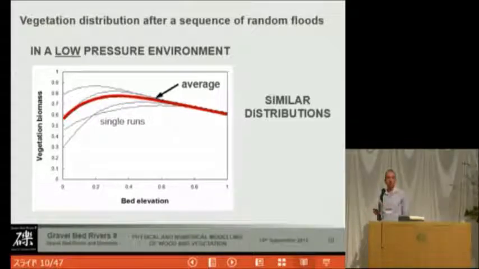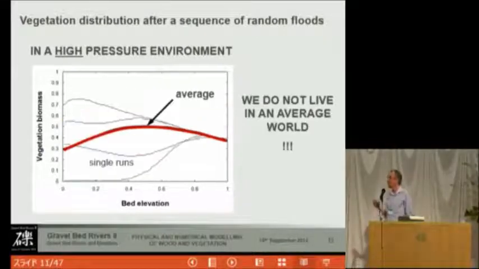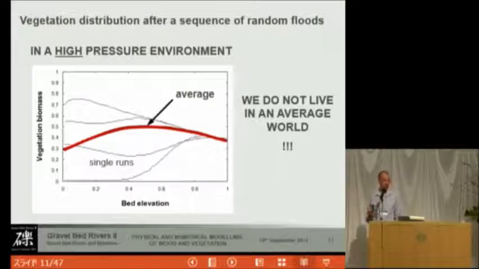But if you change environment and you come here to Japan, for example, or in the Alps, where floods can be much stronger and also vegetation can grow much more quickly, well, the average is not so different, but if you look at single runs, so real occurrences of floods, what you observe are distributions of vegetation that are completely different from the average.